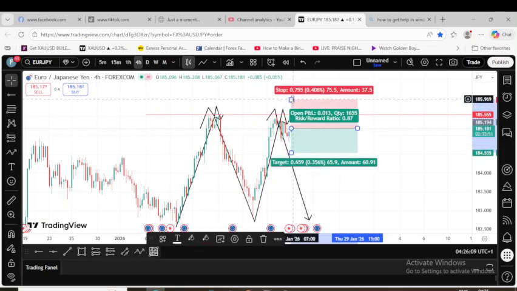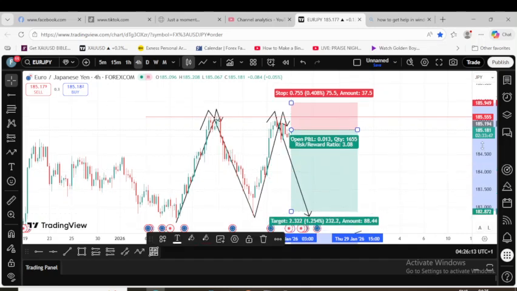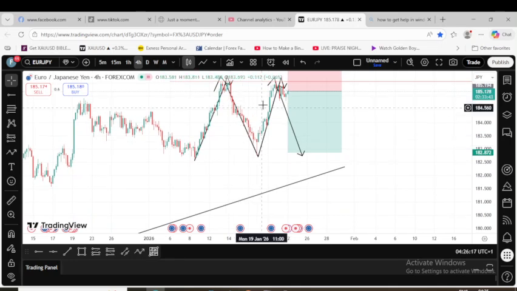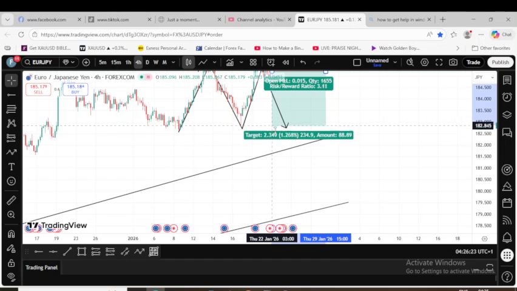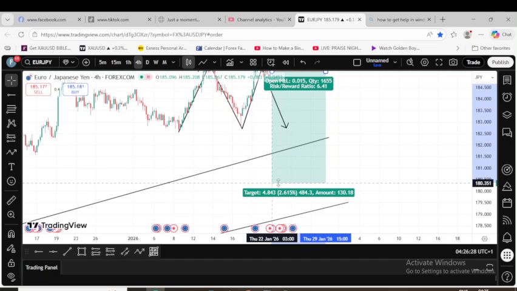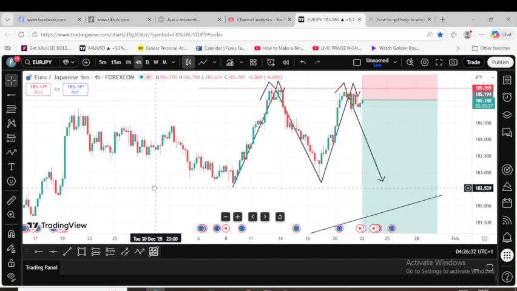My stop loss around here, my target here. But at the same time, I should also be expecting that when this big M pattern forms, price will sell. So my target will be extended somewhere between these two support and resistance levels.